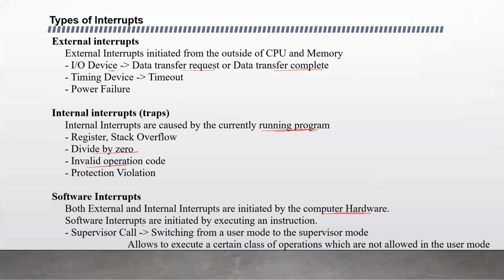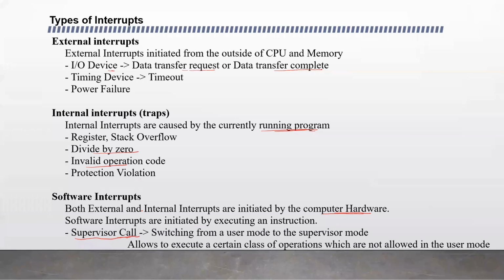During the execution of a user written program, when the CPU is in user mode, if it has to switch to supervisor mode to execute some operating system instructions, this interrupt, the supervisor call, is initiated. That is a software initiated interrupt, by executing an instruction in the system. So this is a software interrupt.